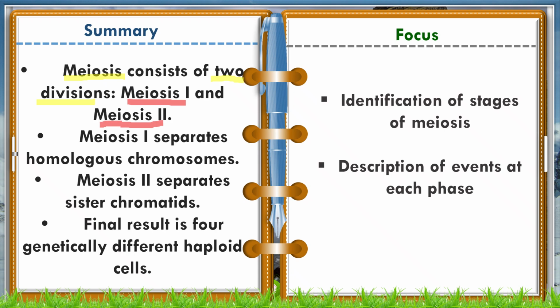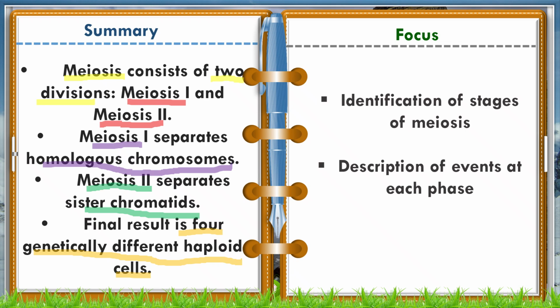In meiosis 1, it is the homologous chromosomes separating themselves. And in meiosis 2, it is the sister chromatids that are being separated. And this results into a final result of 4 genetically different haploid cells.